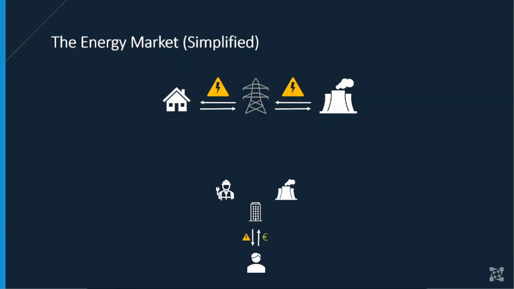Now, because it's an open market, all of these parties need to figure out who needs to pay whom, because all of them need to pay their bills. It might make sense to ask one organization to manage all of that. So all of the data that is available within the energy market is collected and managed through EDSN.